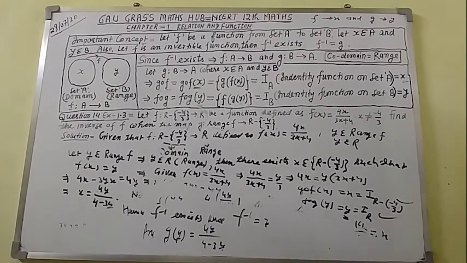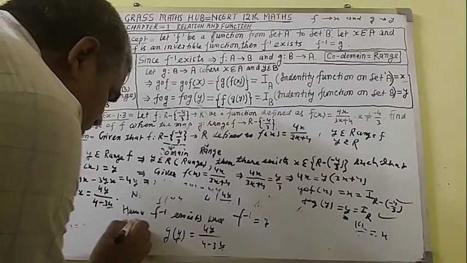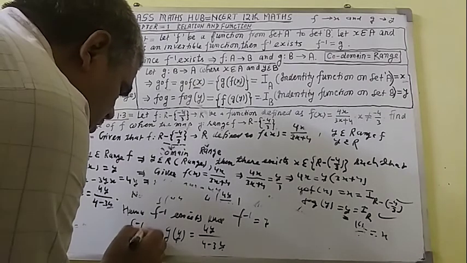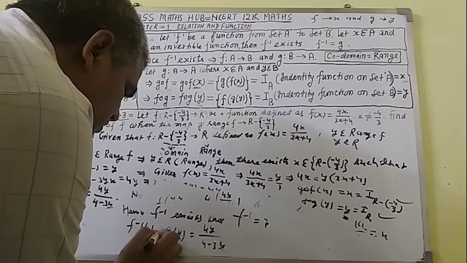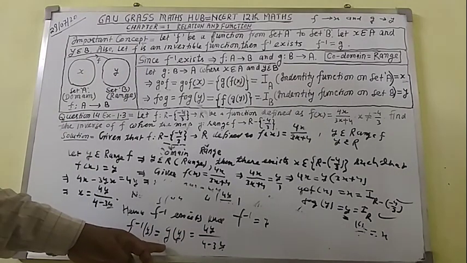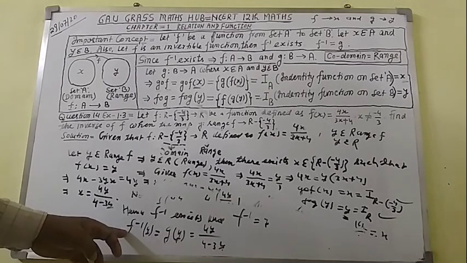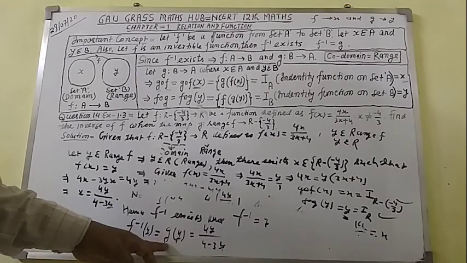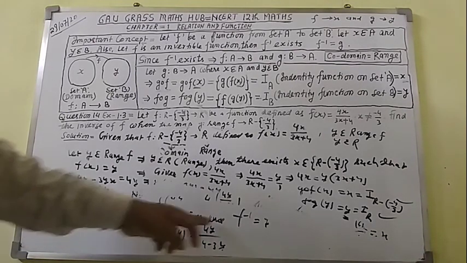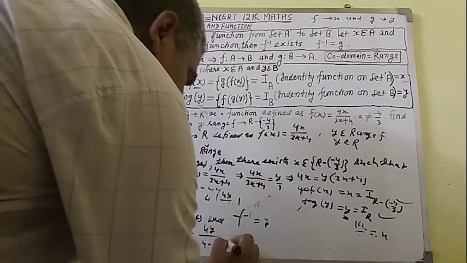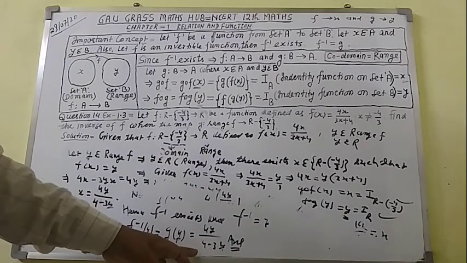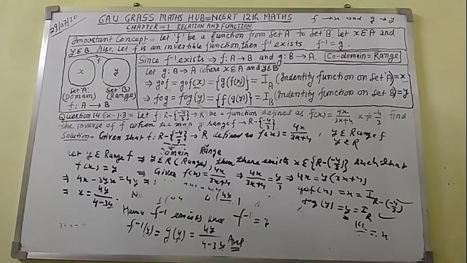So f inverse y equals, in place of f inverse you can write small g. Everything is in terms of y. So this will be the correct answer: f inverse equal to 4y over 4 minus 3y. Okay guys.